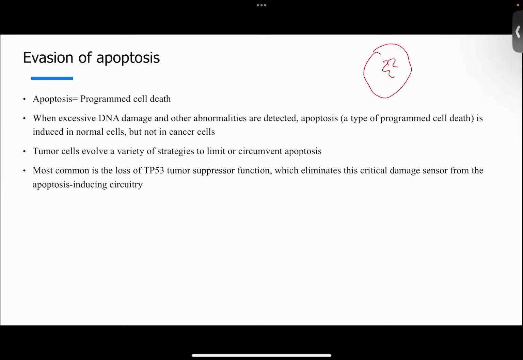If there is any kind of damage in the cells, the cell will recognize it and kill itself. That is programmed cell death. In TP53, the tumor suppressor, if there is a loss of this tumor suppressor function, it will eliminate this critical damage sensor from the apoptosis-inducing circuit. So this function is destroyed. Because of that, what happens?